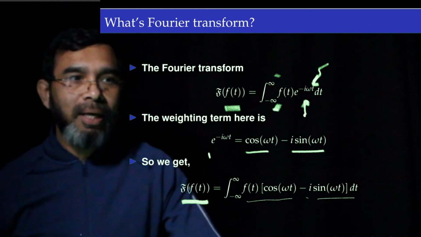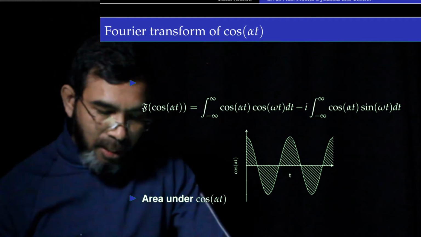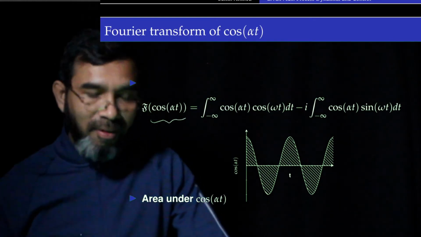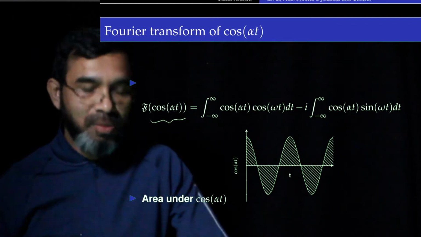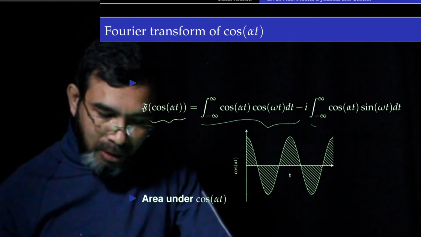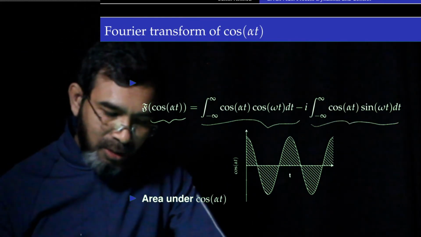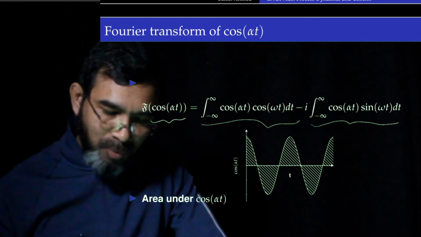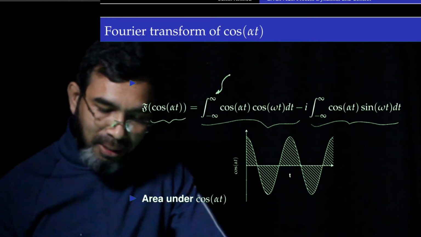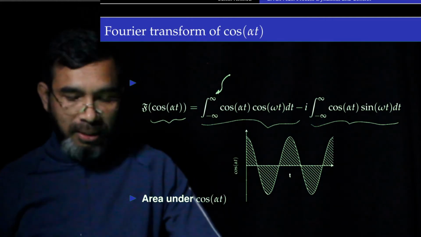Now if my original function is a cosine function, cosine alpha t, its Fourier transform is nothing but two terms here. I have separated these two terms, the real and imaginary parts. The first part is simply cosine alpha t times cosine omega t dt, integrated over the entire horizon, and the next part is cosine alpha t times sine omega t, again integrated over the entire horizon.